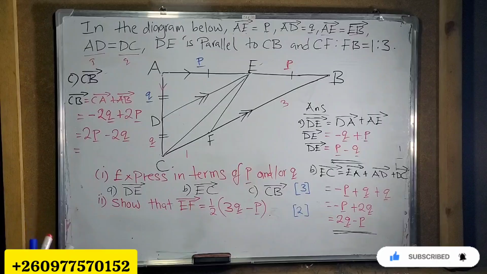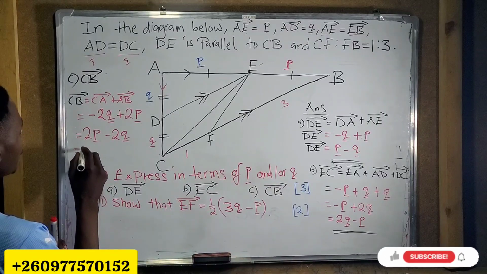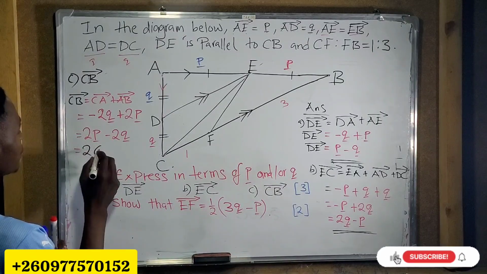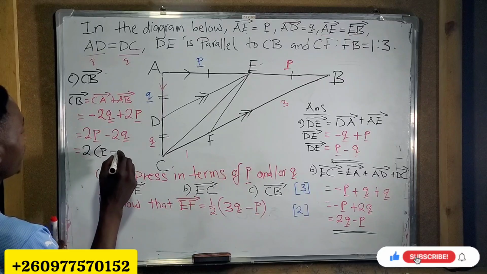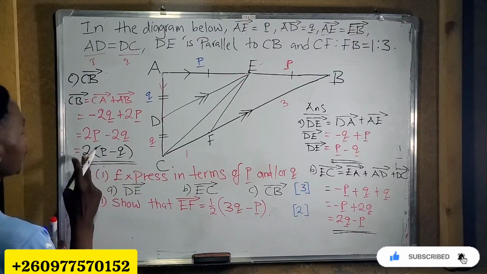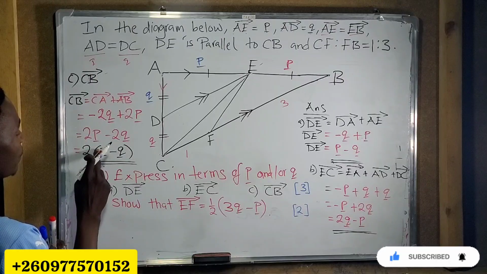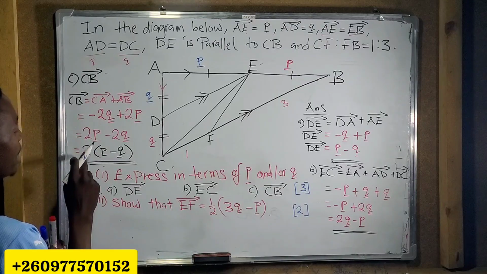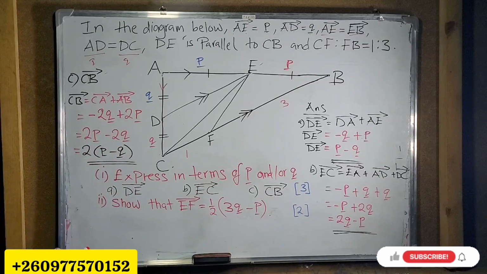The common factor is 2. So we remain with vector P minus vector Q as the answer, because 2 into 2 is just 1, and 1 is invisible.